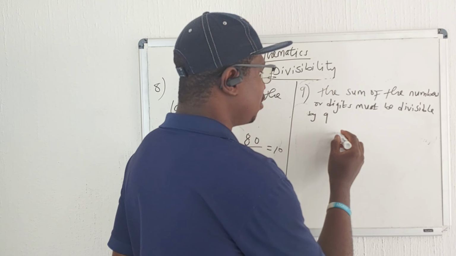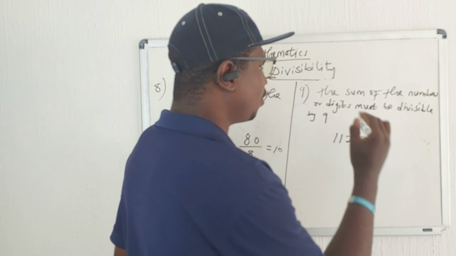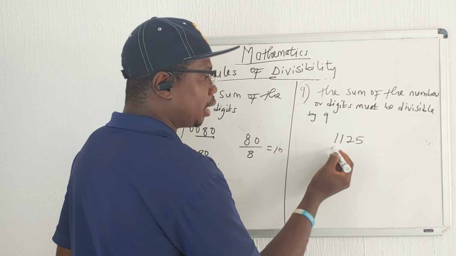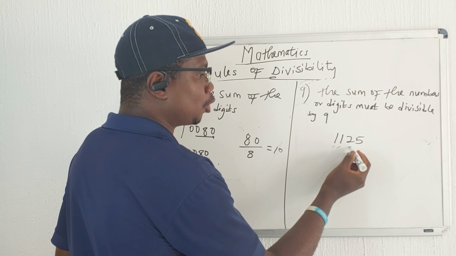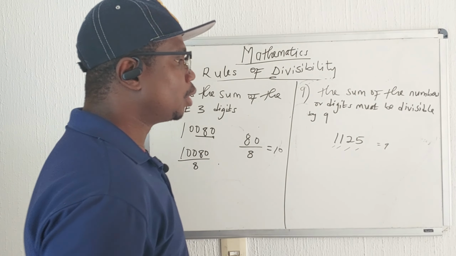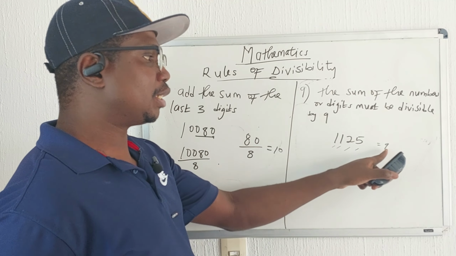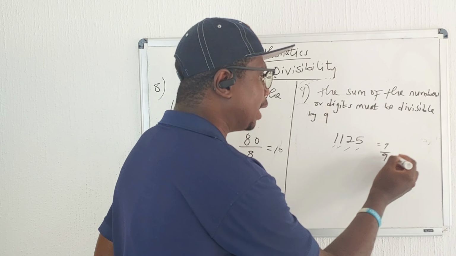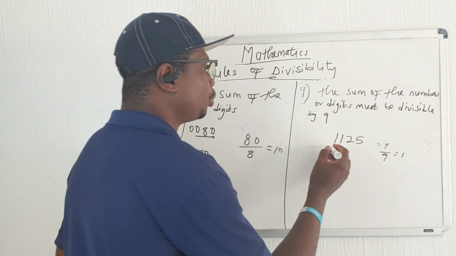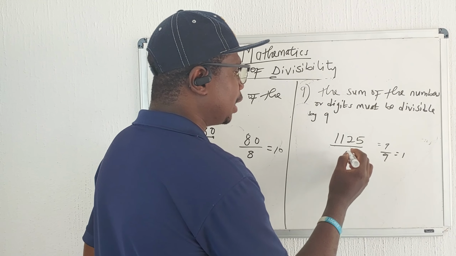For example, we have 1125. The sum of the individual digits, this is 1 plus 1 is 2, plus 2 is 4, plus 5 is what? 9. So if the sum is 9, that means 9 is divisible by 9, which is 1. So that means this number must be divisible by what? 9.